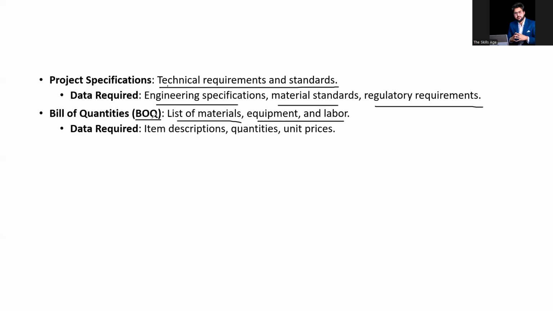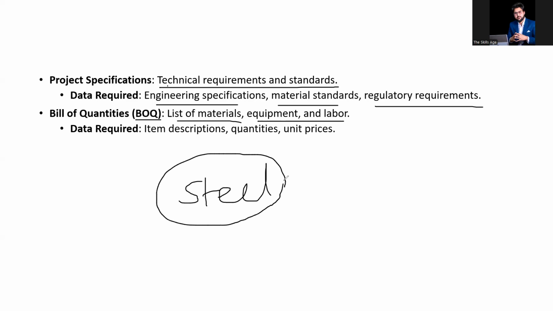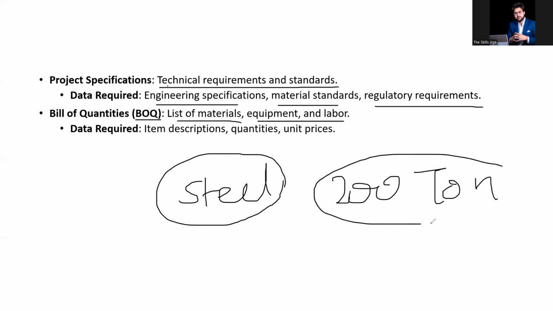On the basis of this quantification, we see that we need this much steel. Let's say this is a 200-ton steel fabrication. This material quantification is done. Now we need to understand how much labor and machinery we need for this 200 tons to get the desired product. That is going to be estimated by quantity surveyors.